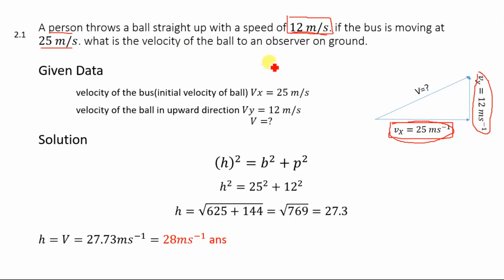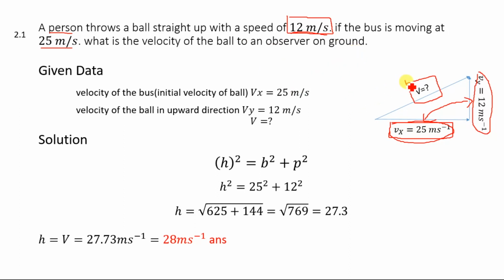To an observer on the ground, the velocity of the ball will be equal to the sum of these two velocities, but these velocities are actually in component form. This is the x component and this is the y component. So we are going to calculate the magnitude of the velocity, and the magnitude of the velocity will be the velocity of the ball with respect to an observer on the ground.